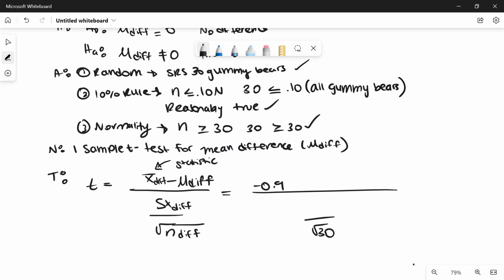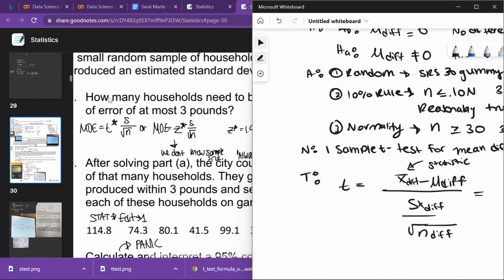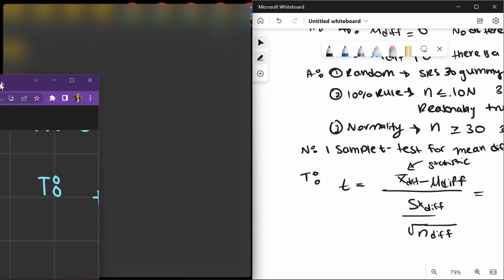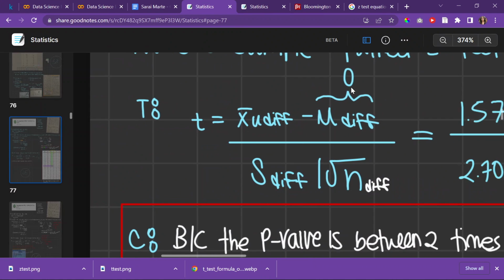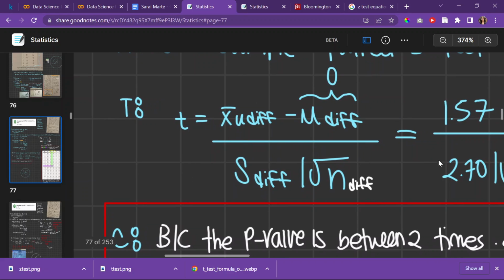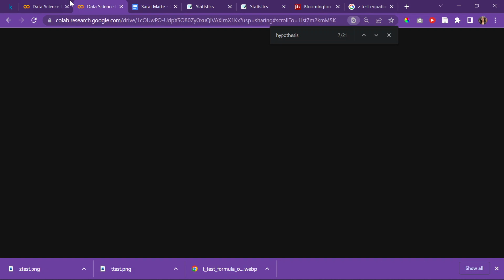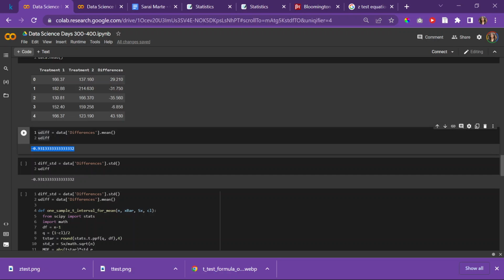So I made a mistake in my code when I called it mu diff, because it's not mu diff. What I calculated was x bar diff, the average difference from a sample. That's why we see it here. So I'm going to go back to my code and fix that. It wasn't mu diff, that is the parameter.